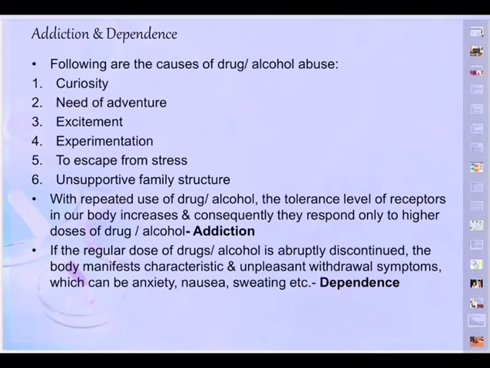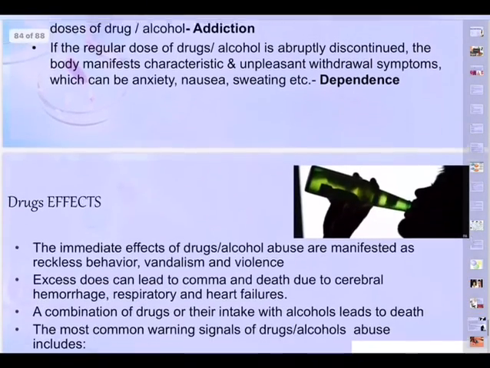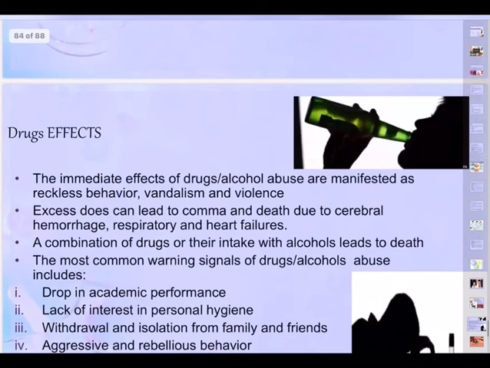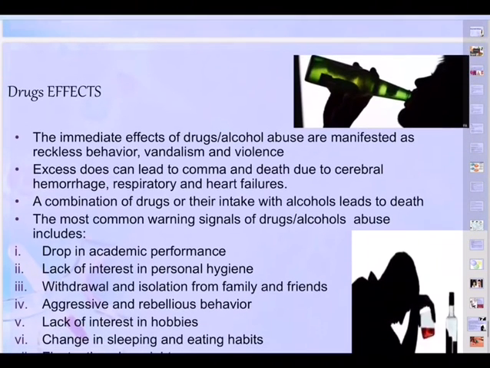With repeated use of drug and alcohol, the tolerance level of receptors in our body increases. Consequently, they respond only to higher doses of drugs or alcohol. Then it becomes addiction. And once the person gets addicted, he starts having dependency. Dependency will be developed in him. Without that, he cannot survive and he will become neurotic.